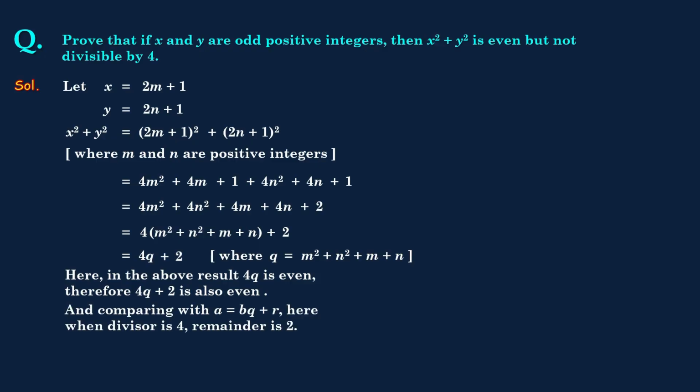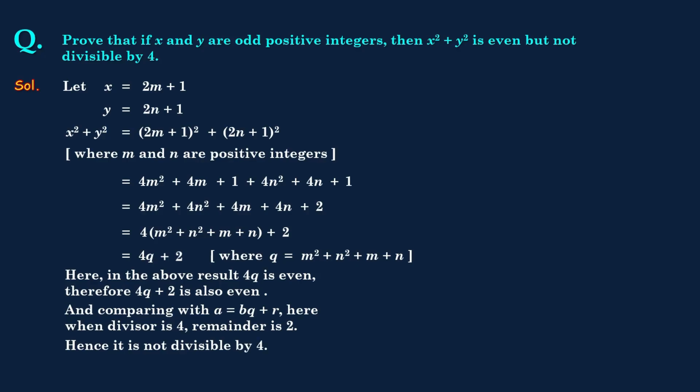Now if you compare this with a equal to bq plus r, where the divisor is here 4, then the remainder is 2. Okay, so if we compare this with a equal to bq plus r, then bq plus r here is 4q plus 2. So the divisor will be 4 and the remainder is 2.